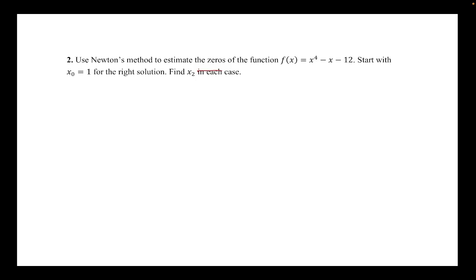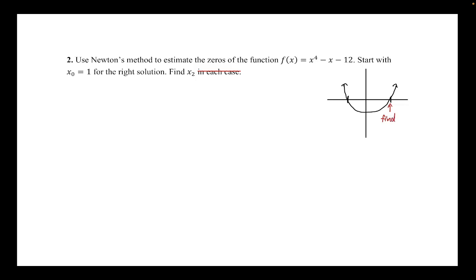We're not asking to do each case, but I graphed this one ahead of time. It has two solutions. This graph is just to have in the back of our mind, looking something like this. Again, this has two zeros right here and right here. Let's go ahead and find this one on the right.